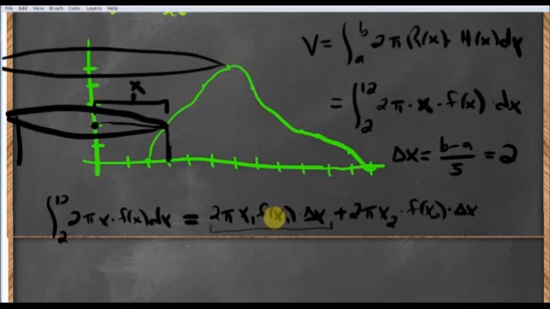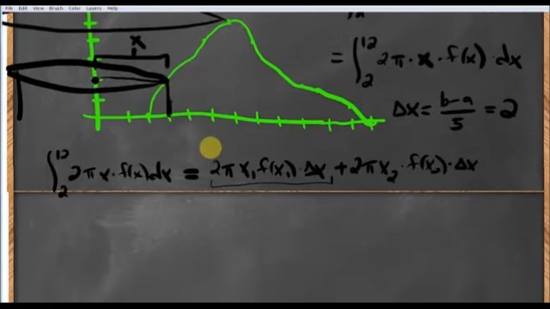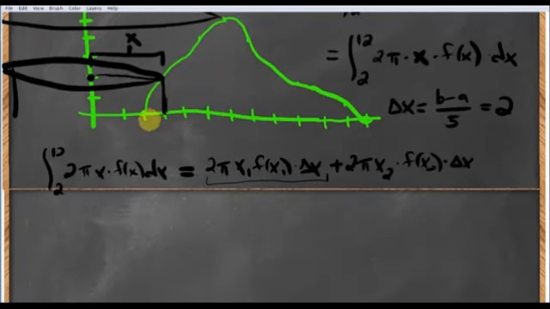So if you want to know what your x's are, let me scroll up a little bit. Besides drawing in your shells and saying, okay, if this is 2 and this is 4, then I know that my midpoint is 3, you can find all the midpoints first. So we'll have 1 at 3, 1 at 5, 1 at 7, 1 at 9, and 1 at 11, because my shells are going to be in these intervals here.